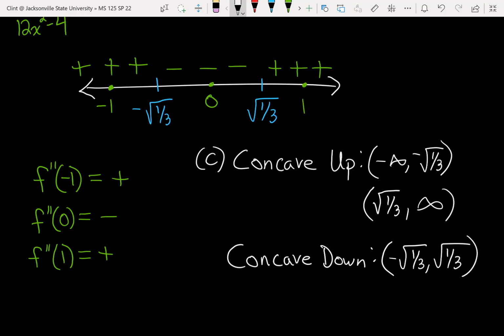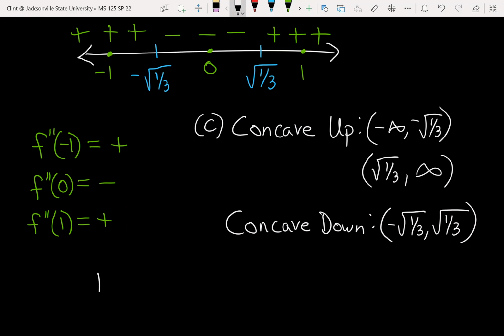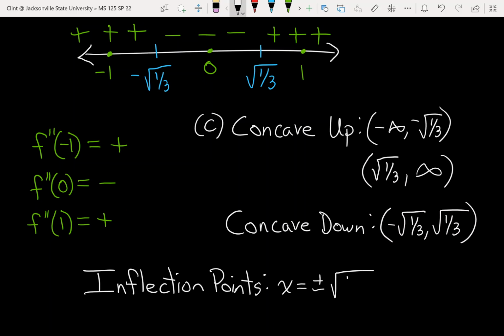We got 2 sign changes. We go from up to down, down to up, so we have 2 inflection points, at x equals plus or minus square root of 1/3.